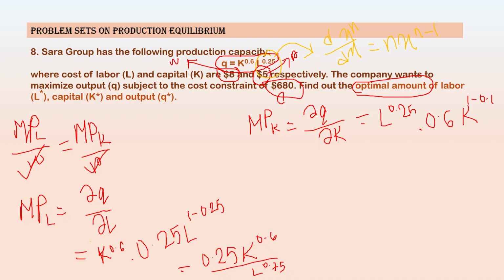Again, if we rearrange this a bit, we will get 0.6 into L to the power 0.25 divided by K to the power 0.4.